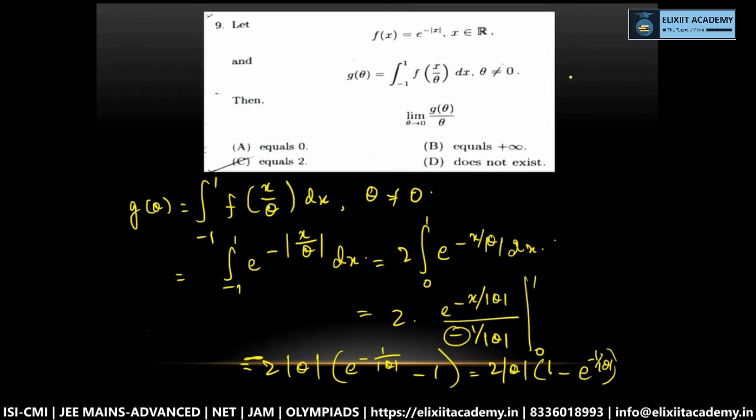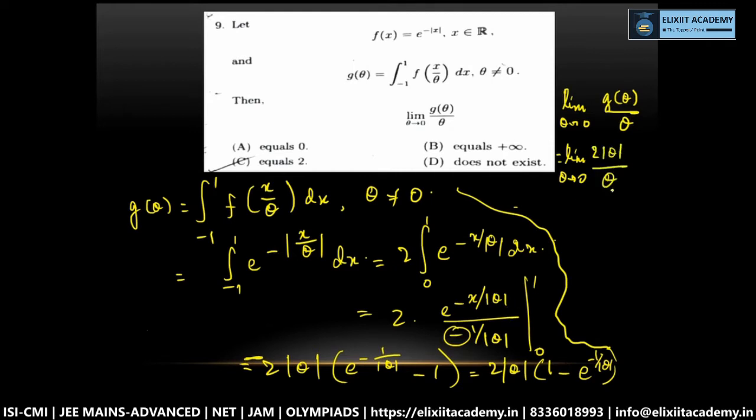So this is ultimately the limit as theta tends to 0 of 2 mod theta divided by theta multiplied by 1 minus e to the power minus 1 upon mod theta. That's what we are getting.